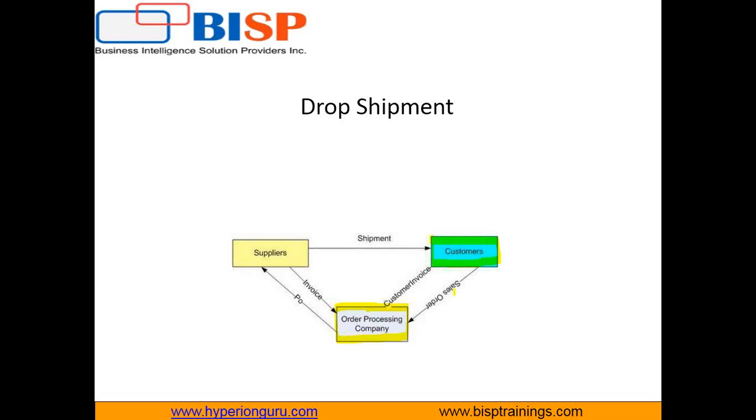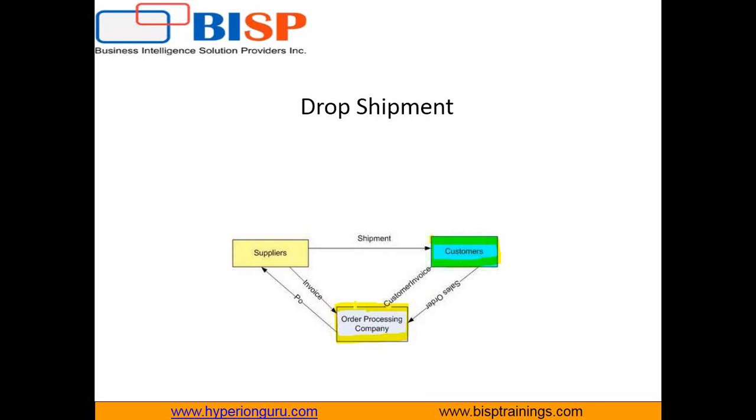Then, once you receive the order from the customer, you're going to place a purchase order with the supplier, saying I have received an order for a particular model car, the ABC car. You will ask the supplier what you can provide me. With that information, you tell your customer that your vehicle will be ready on this particular day.